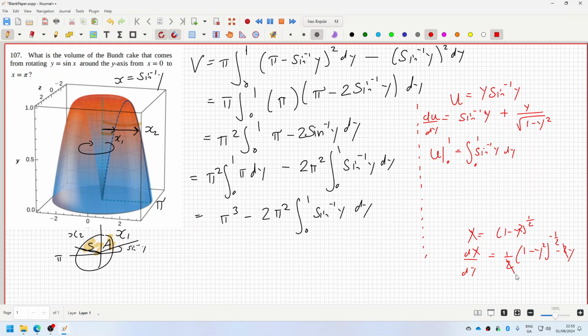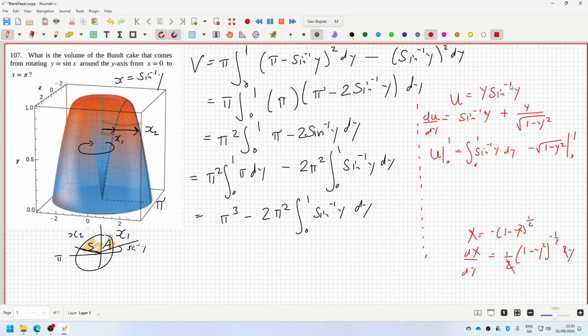The 2's cancel, so it's just apart from the minus. So if I put a minus here, then that becomes a plus. So integrating that will be minus root 1 minus y squared, 0 to 1.